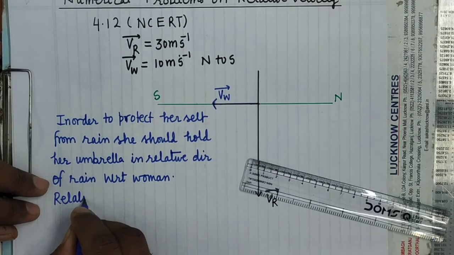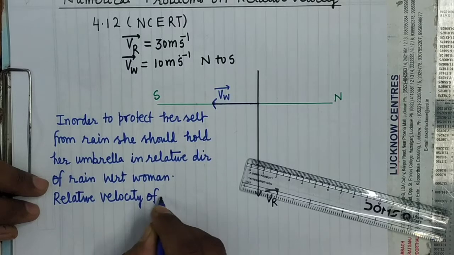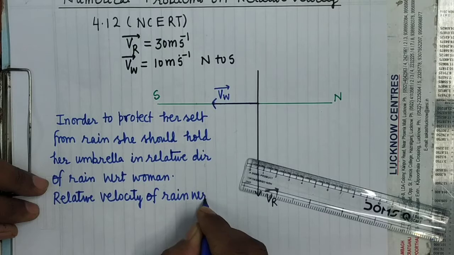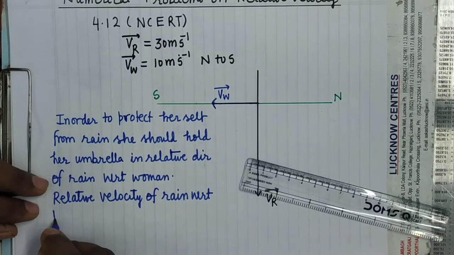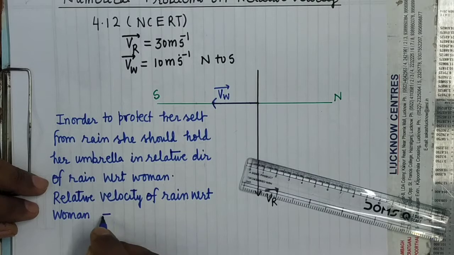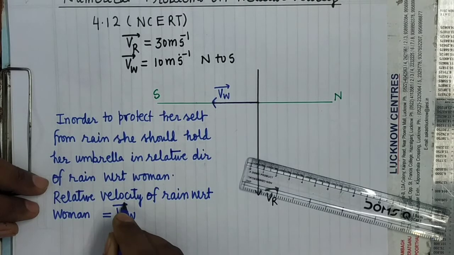What will be the relative velocity of rain with respect to woman? That we can write vector VRW.